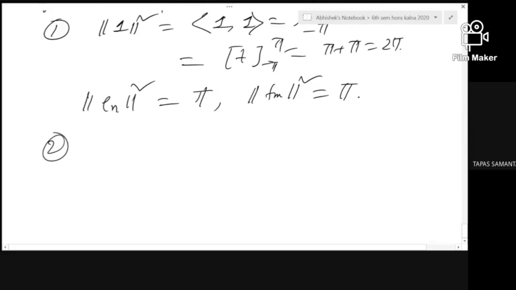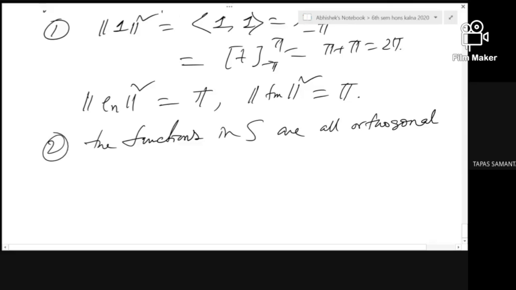Number two, the functions in S are all orthogonal to each other. Why? Just check it on your own: what is the inner product ⟨e_n, f_m⟩?